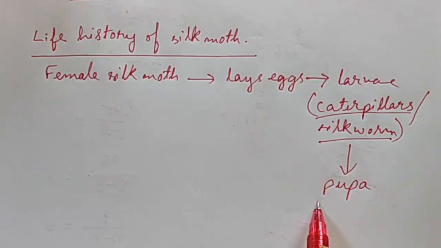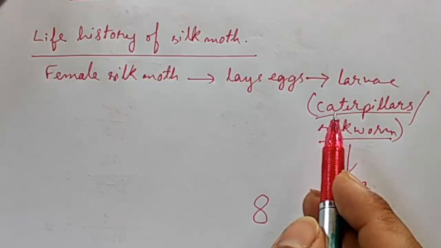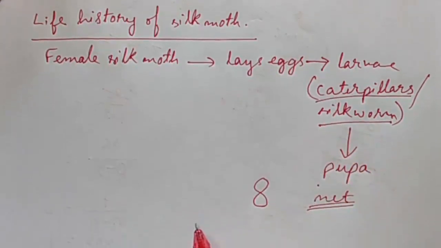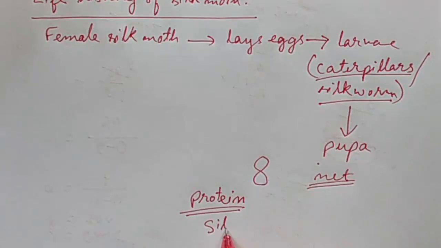This pupa first weaves a net to hold itself. Then it swings its head from side to side in the form of figure 8. During this movement of the head, the caterpillar secretes a protein which hardens on exposure to air and becomes silk fiber.